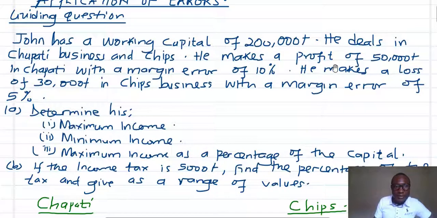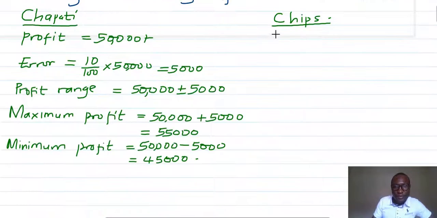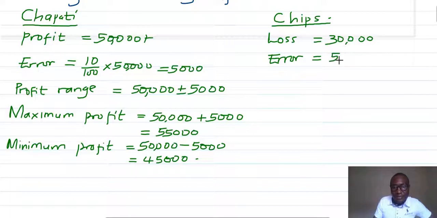Chips business makes a loss of 30,000, with an error margin of 5%. So chips, we make a loss of 30,000, and the error is 5%, which is 5 over 100 times the 30,000.